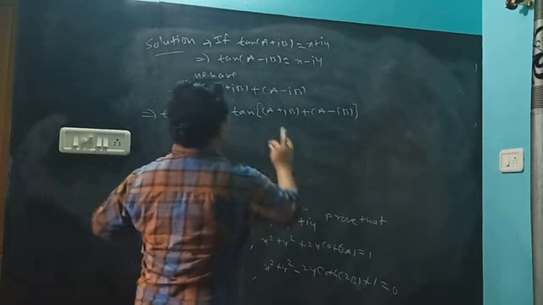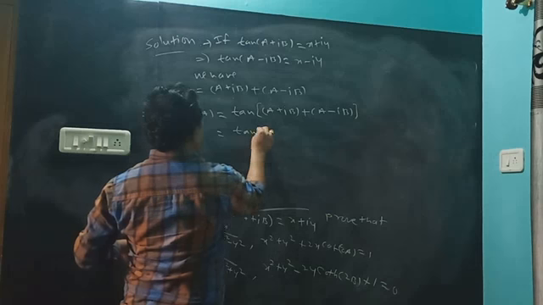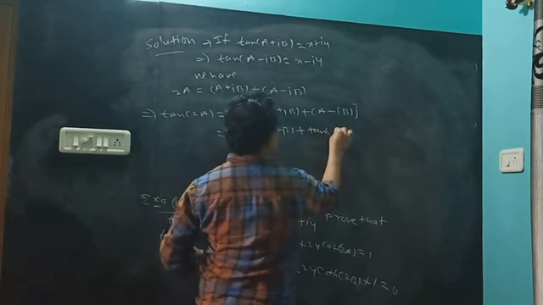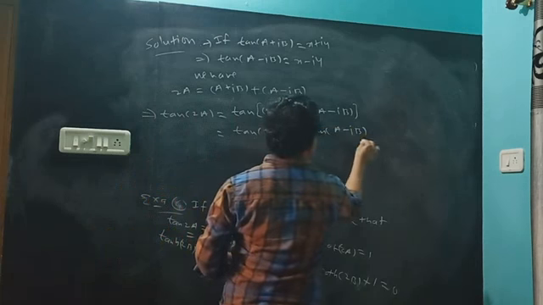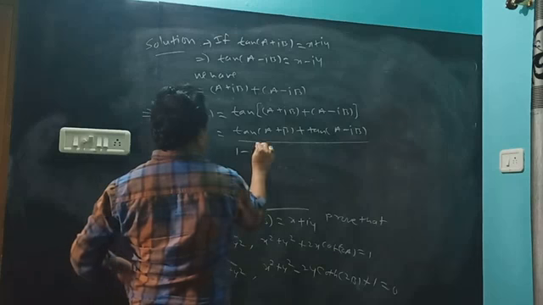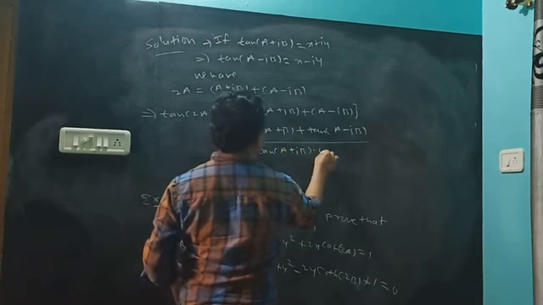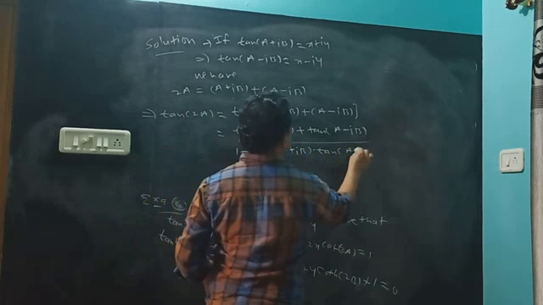Formula: now tan a plus b is tan a plus tan b over 1 minus tan a into tan b.